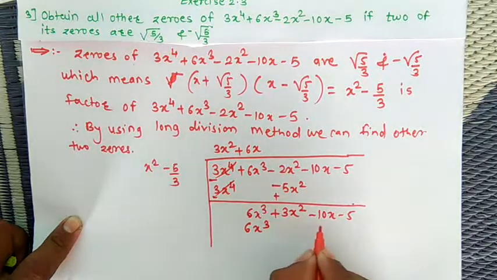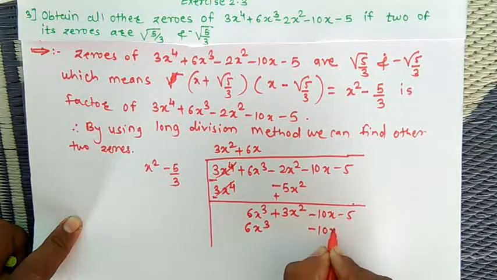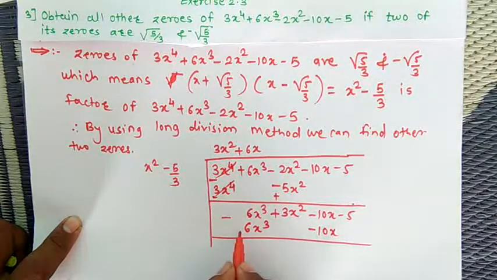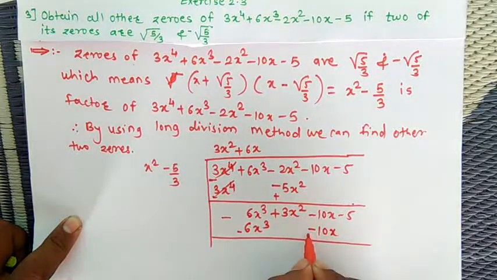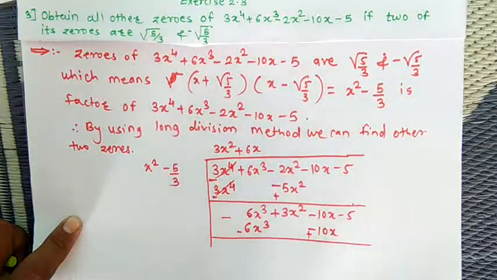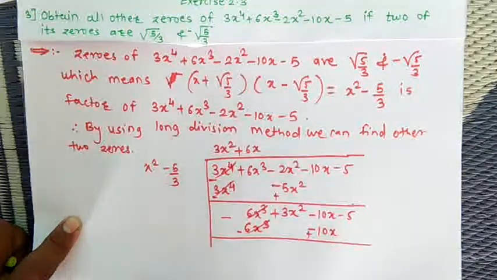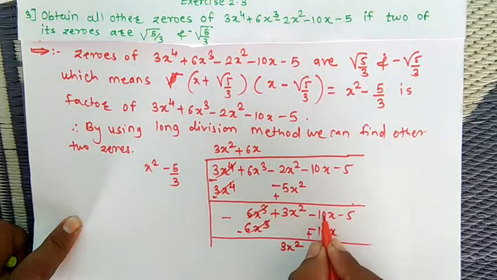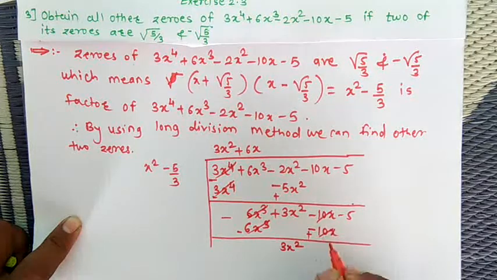That is minus 10x. We have to write the like terms below. We have to subtract now. This is a plus, therefore we have to change it; again this is a minus, we have to make it plus. 6x cube minus 6x cube get cancelled. Now 3x square as it is. Then minus 10x plus 10x get cancelled, minus 5 as it is.